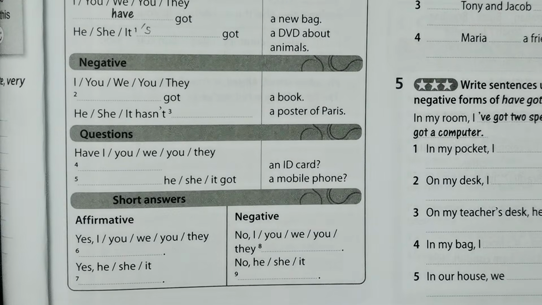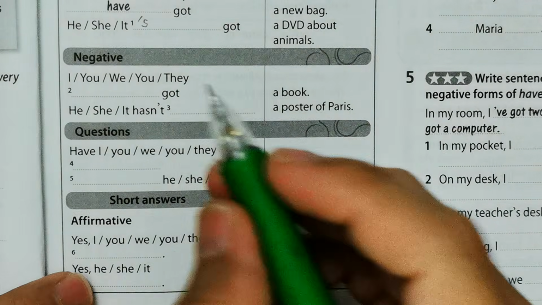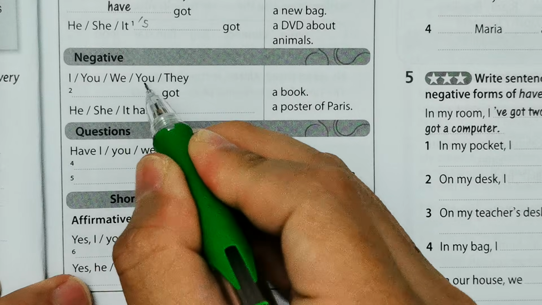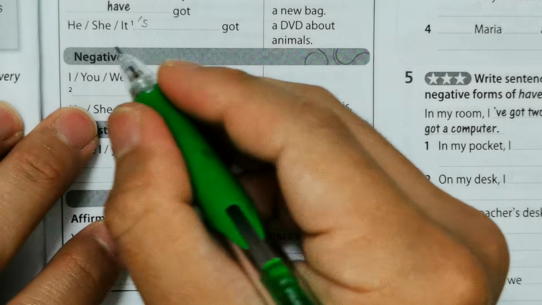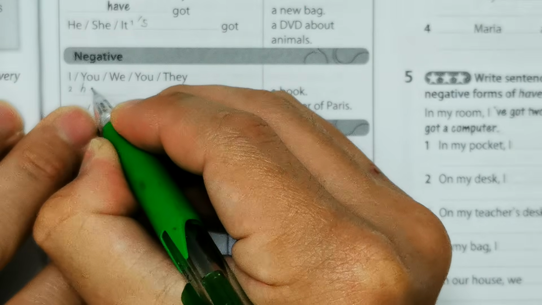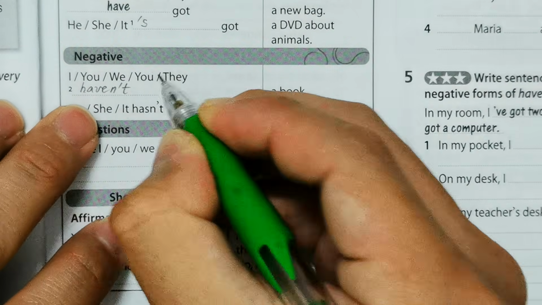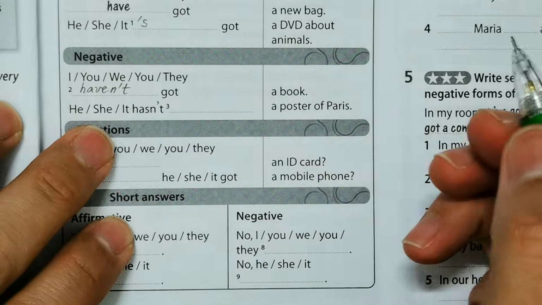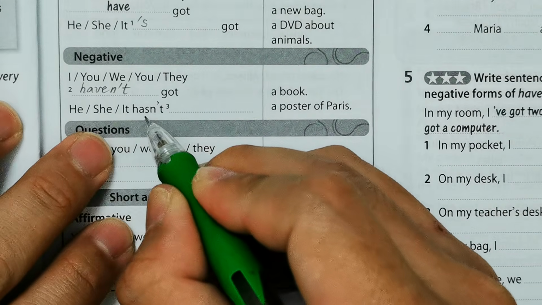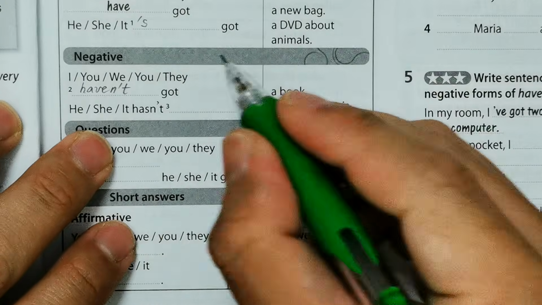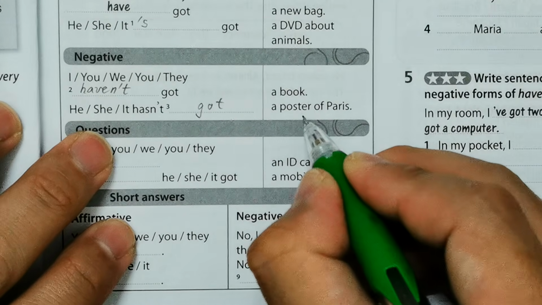So maybe I maximize it a bit. So negative form, I, you, we, you, they. Because it's negative form, you need to use haven't got a book. He, she, it hasn't got a poster of Paris.